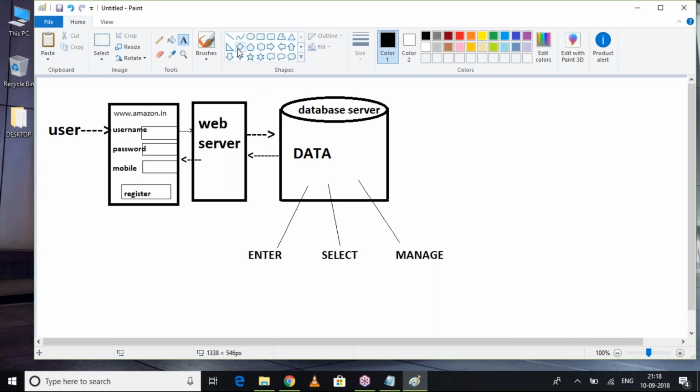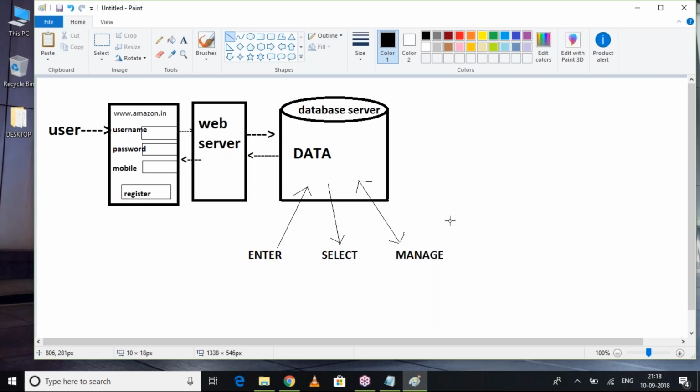Okay, let me take it like this. Entering means like this. This is entering. And you can select data. From the database, we are selecting data. We can manage data, which means old values will be replaced with new values.